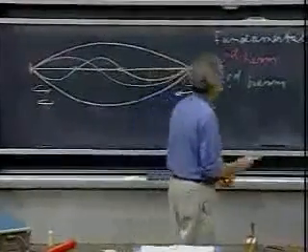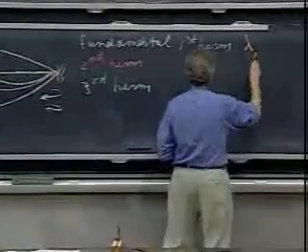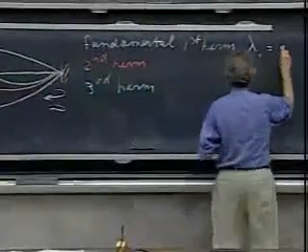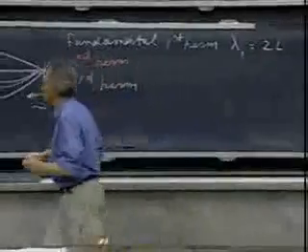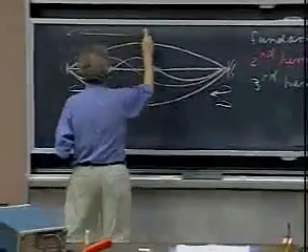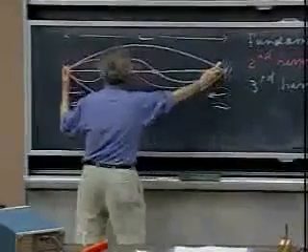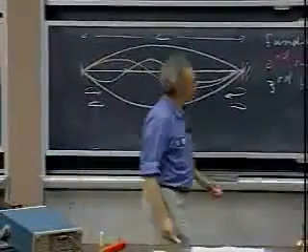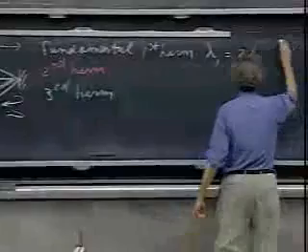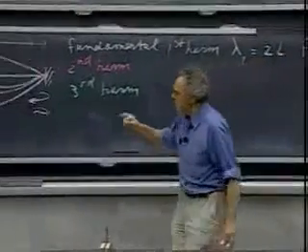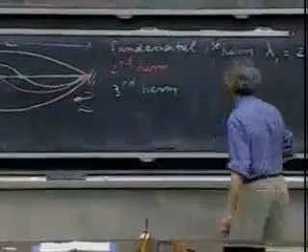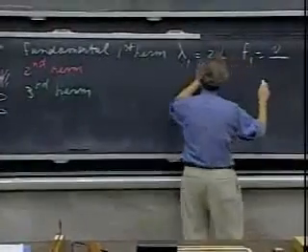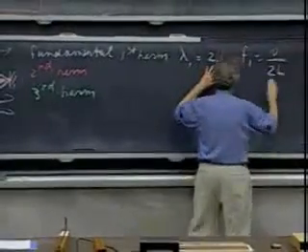And so for the fundamental, lambda 1, the 1 refers to the first harmonic, is 2L, if L is the length of my string. This is L. You only have half a wavelength here, so L is half of lambda 1, so lambda 1 is 2L. But we know that the frequency is the velocity divided by the wavelength. We see that there. Frequency is velocity divided by the wavelength. So the frequency F1 is the velocity divided by lambda 1, so that's v divided by 2L.